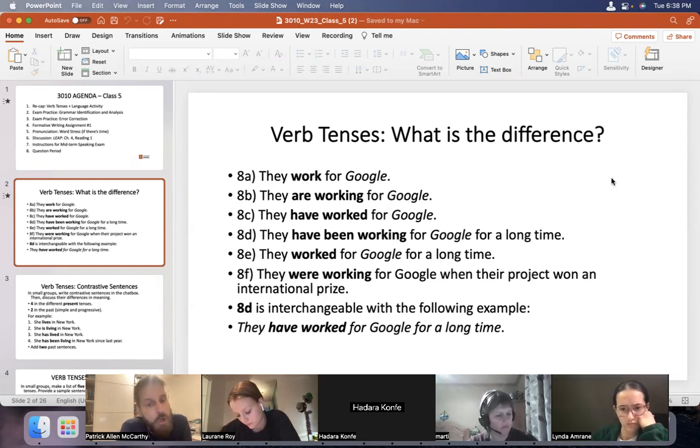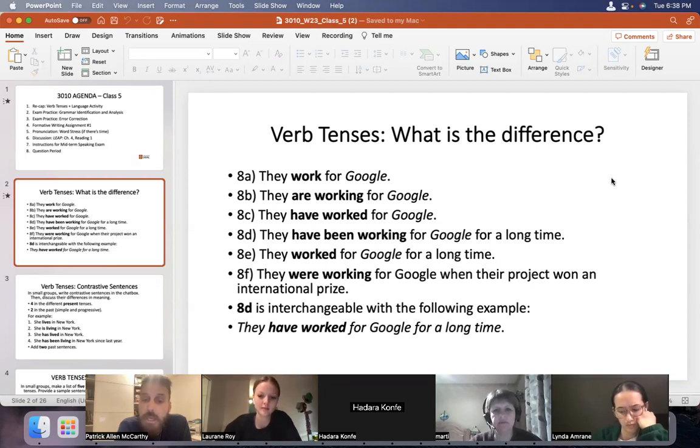And if you want, you could also add they always go to Google for their work. So a routine, okay? And that's also simple present. Do you understand that? So let's look at 8B. They're working for Google. What's the verb tense?